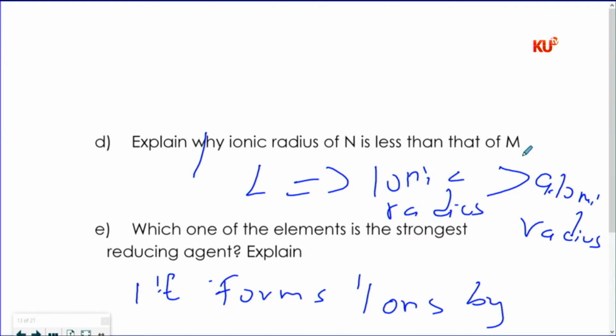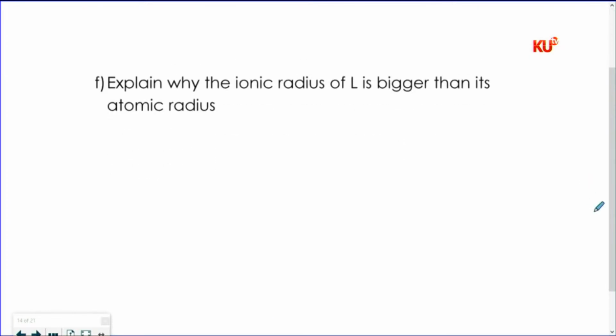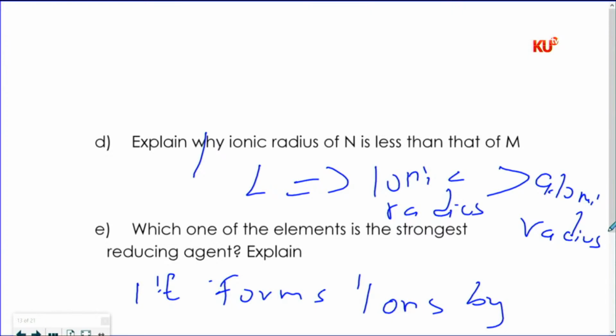Let me take you to question E. Question E is, which of the elements is the strongest reducing agent? Sorry. That's the question we have. Which of the elements is the strongest reducing agent?